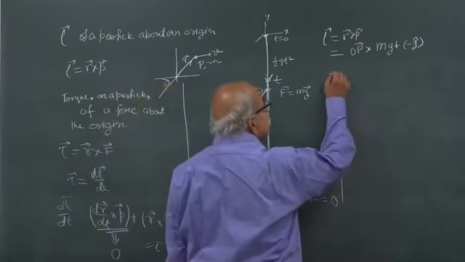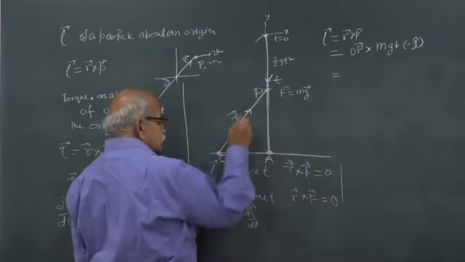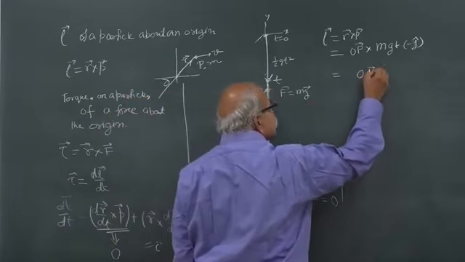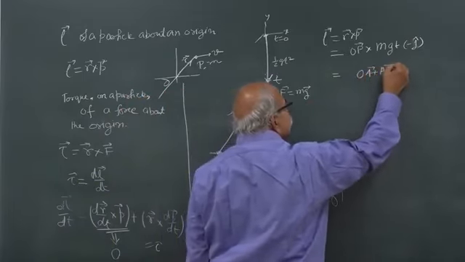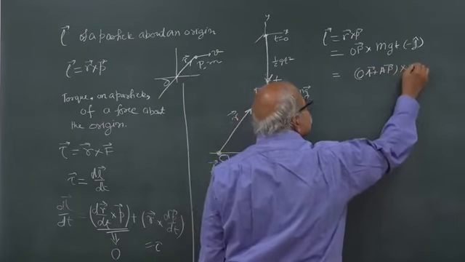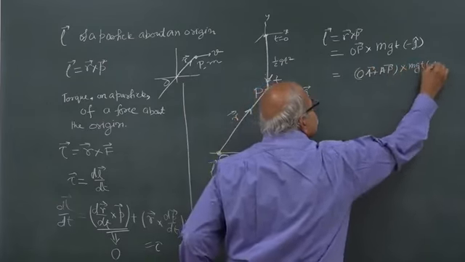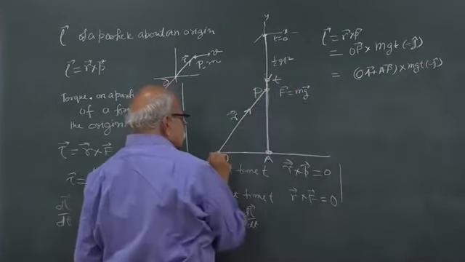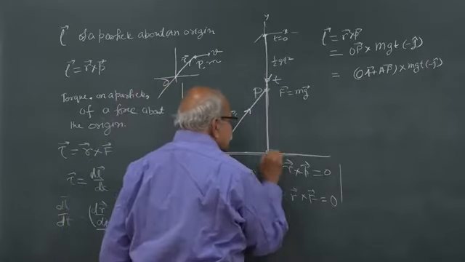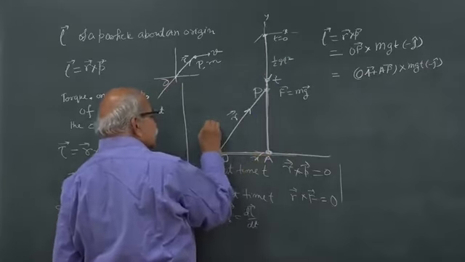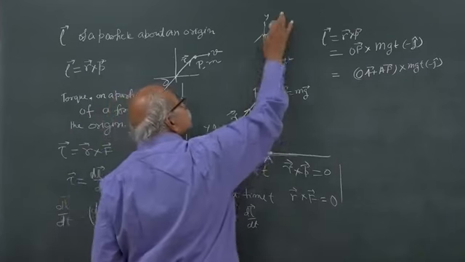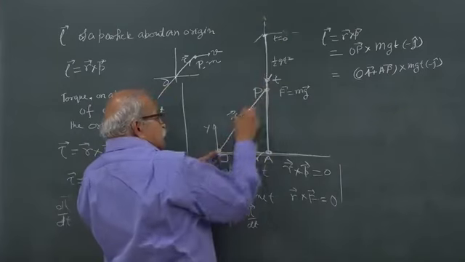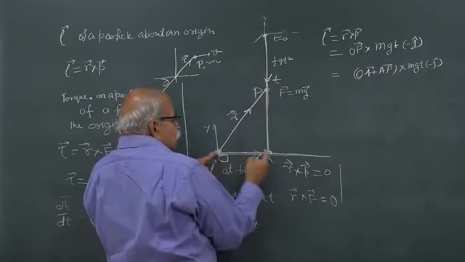And if I work it out, this OP vector is OA vector plus AP vector, and cross mgt and then minus j cap. OA is in the x direction. So, let us take the origin here, and this is our x direction, this is our y direction, and the z direction is here. All right. So, this is the origin, this is the OP vector, which I am writing as OA plus AP.